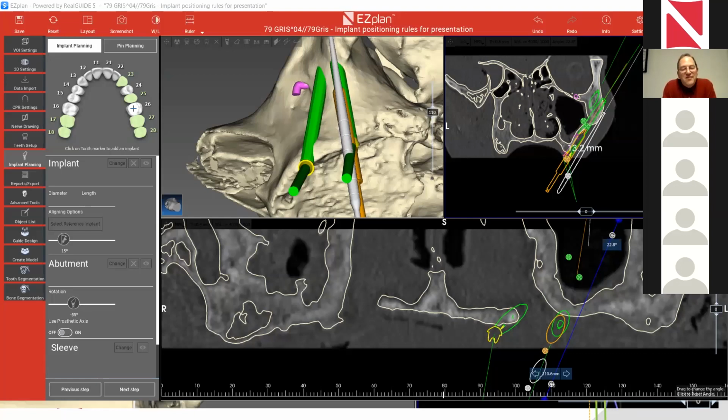I've been watching these guided protocols very closely, and one problem we face is the possible angulation of the multi-units. Now, with these protocols, you can also tell us this will be the angulation we need, right? Are you talking about the guided surgery? The guided surgery, yes, and the multi-units we'll be using after the implant placement.